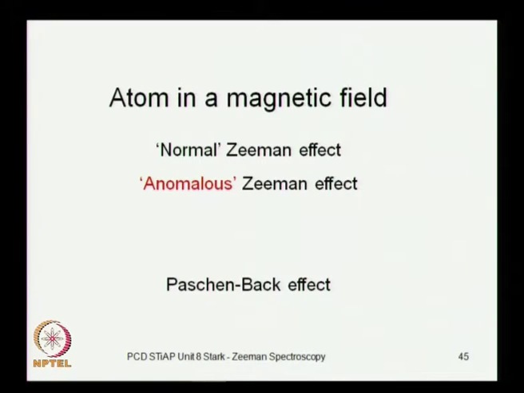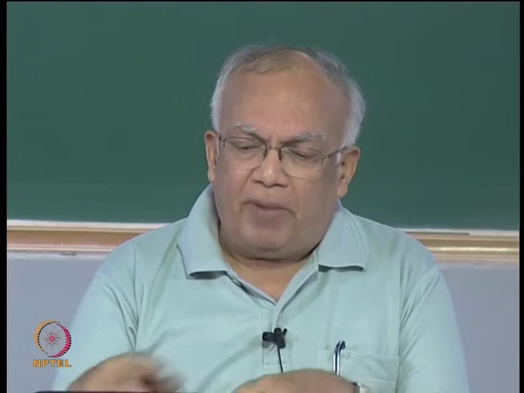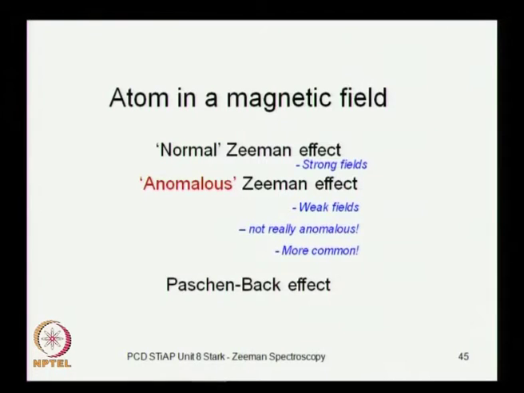Now, we will introduce the discussion on the Zeeman effect. Okay. Now, we consider the atom in a magnetic field, and then there are 3 different phenomena that one talks about, which is the normal Zeeman effect, the anomalous Zeeman effect, and also what is known as the Paschen-Back effect. And typically the normal Zeeman effect is what you refer to when you are dealing with strong magnetic fields. The anomalous Zeeman effect is when you have weak fields.